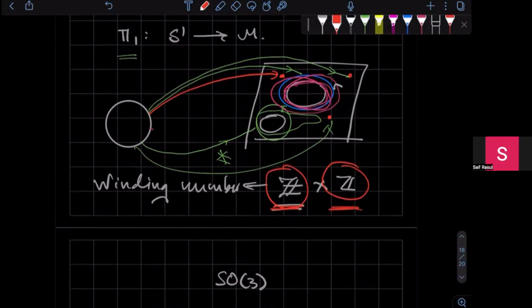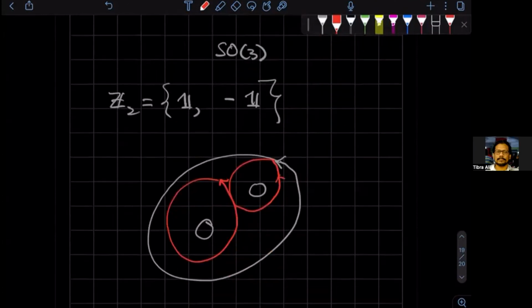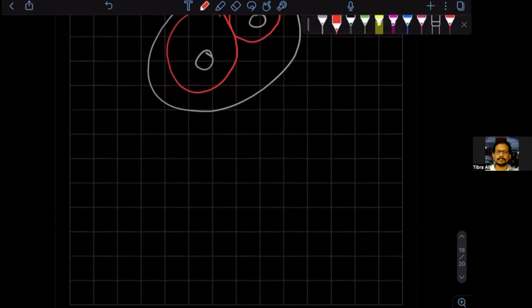I see. It's like a torus, right? A torus doesn't have any holes, in that sense. I thought it had some higher dimensional holes, I guess.